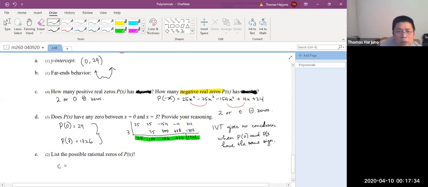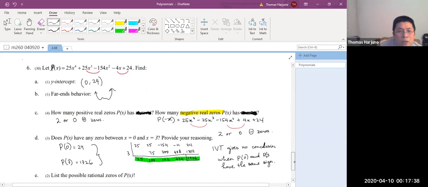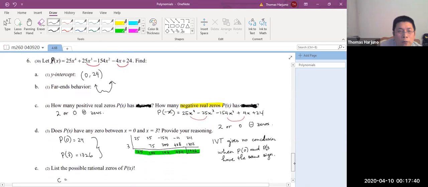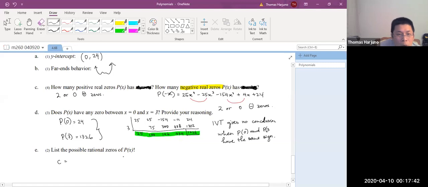the possible rational zeros. It's the factors of 24 over the factors of 25. So that will be plus or minus a factor of 24: 1, 2, 3, 4, 6, 8, 12, 24.